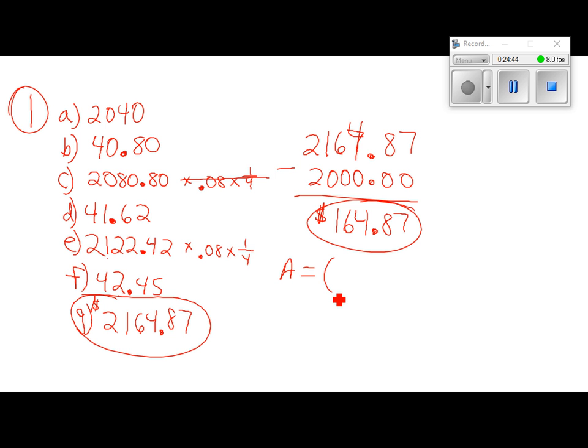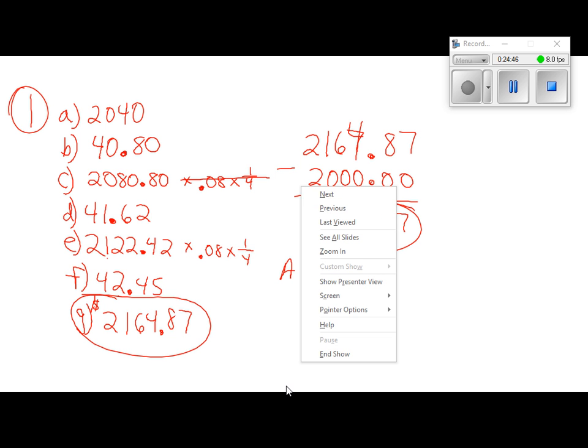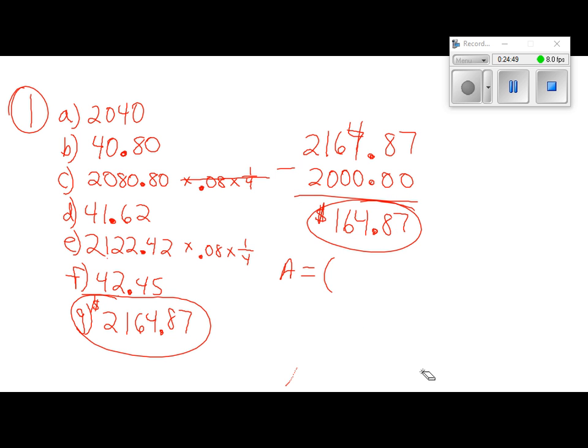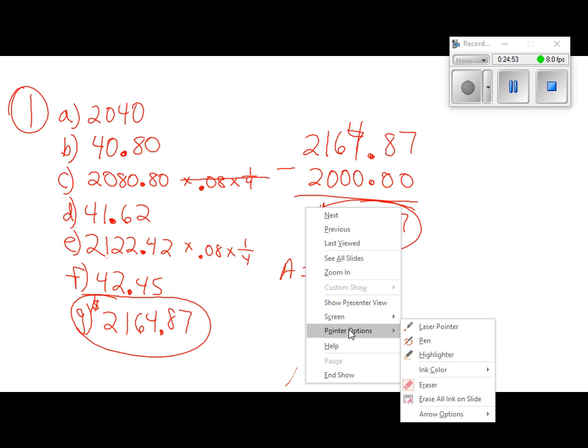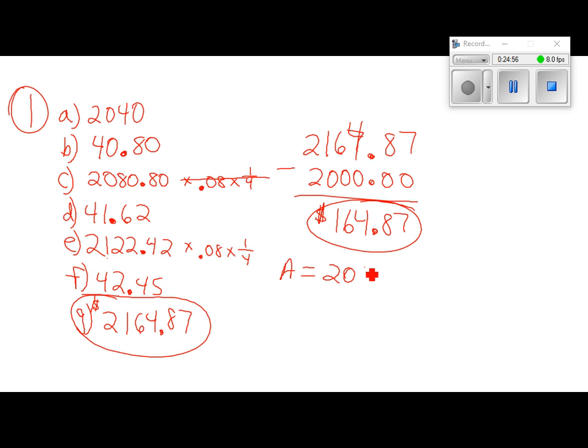Our principal is 2,000. 2,000 parenthesis 1 plus our rate, 0.08, divided by N, how many times per year was it? 4. Then the exponent out here is N times T. N is 4, T is 1, so it's just 4 times 1.